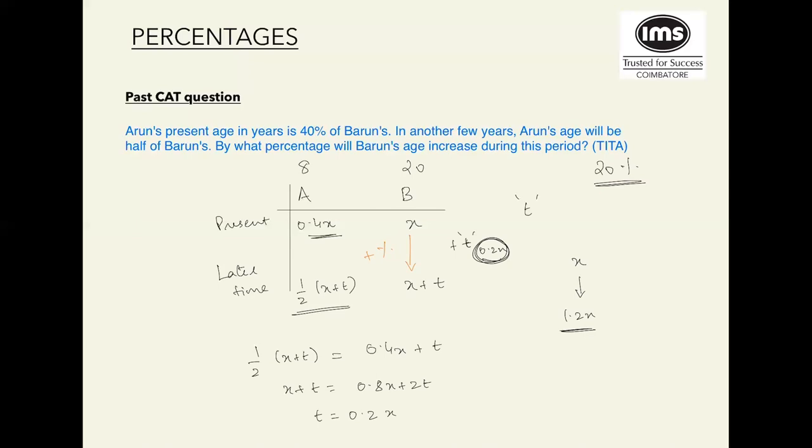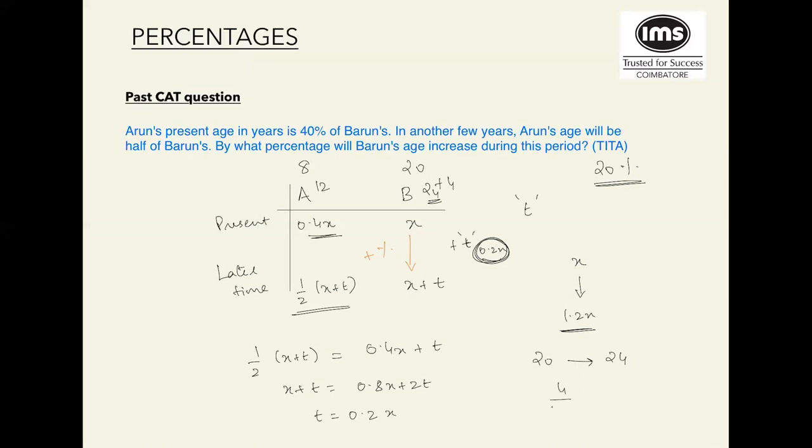Now I have to add few years so that Arun's age will become half of Barun's. So just by looking at the value, I can maybe add 4 years, right? So that this becomes 12 and this becomes 24. So essentially what we're looking at is what is the percentage increase from 20 to 24.